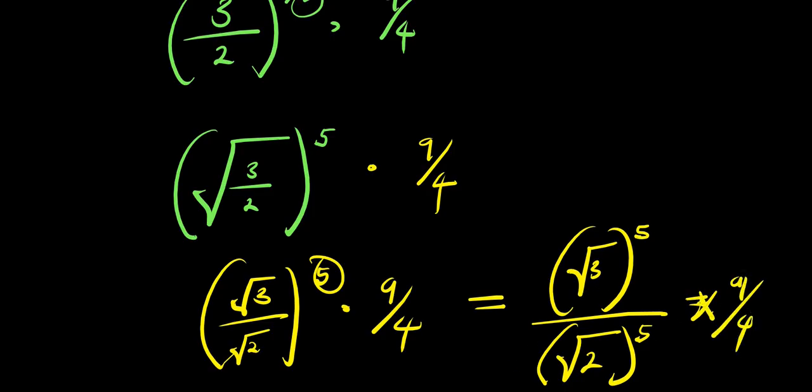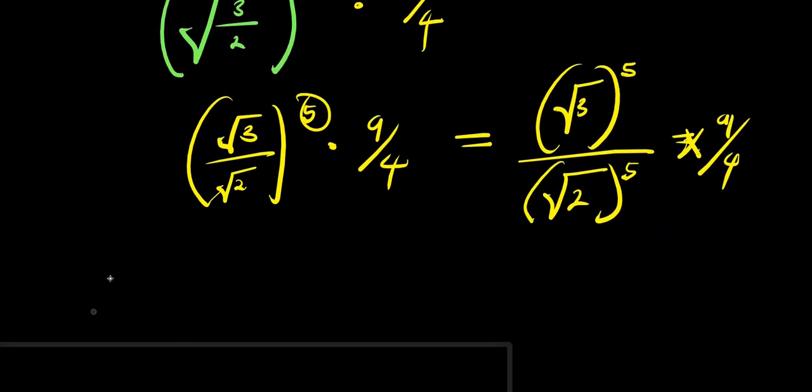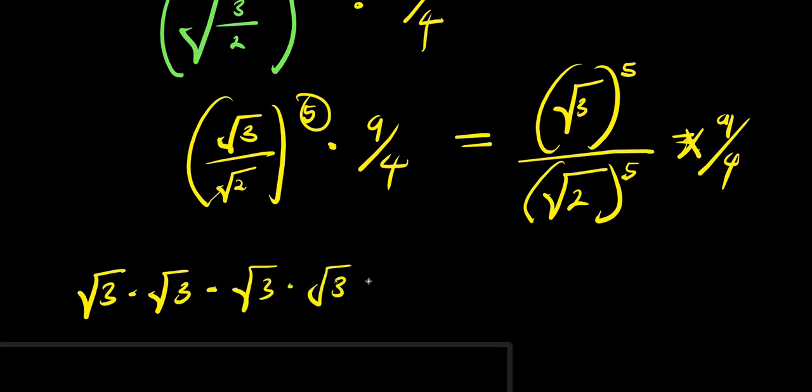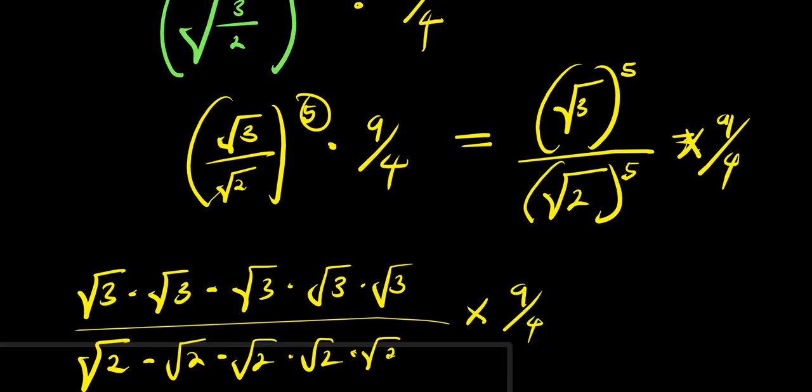So square root of 3 power 5, what is that? It's square root of 3 times square root of 3 times square root of 3 times square root of 3 times square root of 3. 1, 2, 3, 4, 5 divided by, this will be square root of 2 times square root of 2 times square root of 2 times square root of 2 times square root of 2. And this is times 9 over 4.